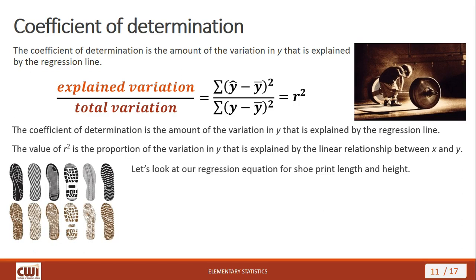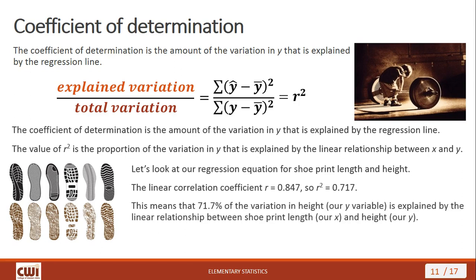Let's look at our regression equation for shoe print length and height. We developed a linear correlation coefficient from our model of 0.847. So that means our coefficient of determination is simply 0.847 squared, which is 0.717.